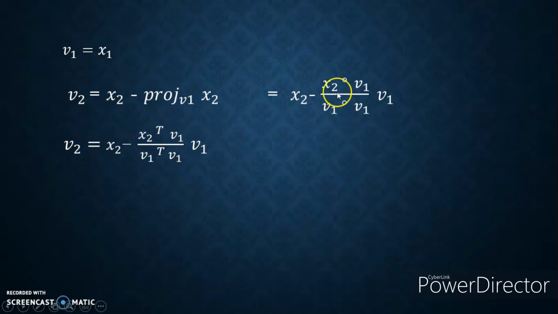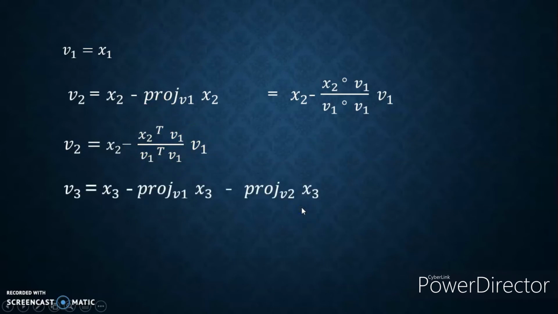Anyway, we already know how the product of matrices or vectors works, so we will use this one. V sub 2 is equal to x sub 2 minus the transpose of x sub 2 times v sub 1 divided by the transpose of v sub 1 times v sub 1. This quantity will be multiplied to our base v sub 1.